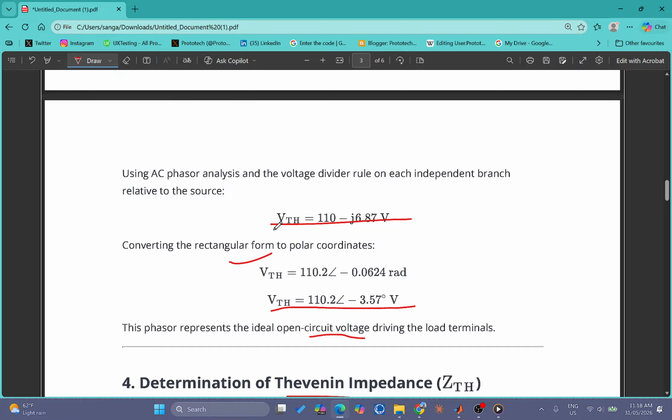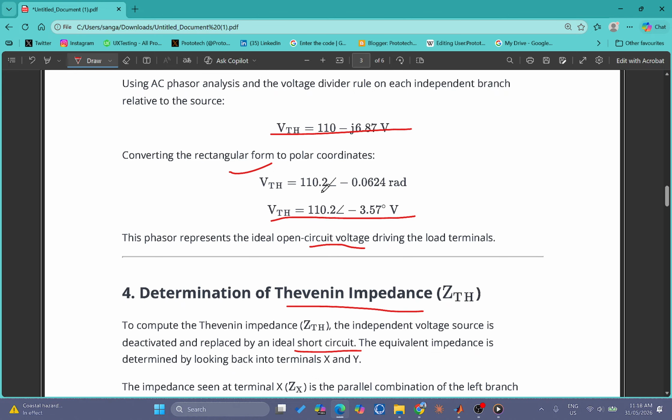I have already calculated the Thevenin voltage, which is 110 minus j6.87 volts, using the AC phasor and the voltage divider rule. Its polar form is given here.